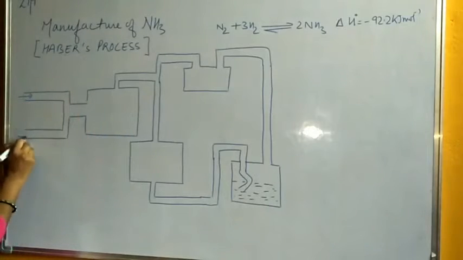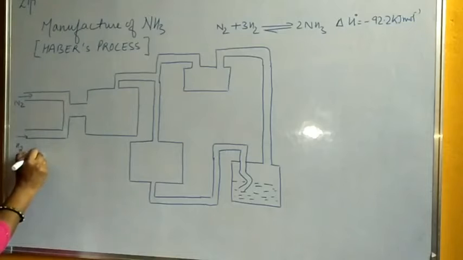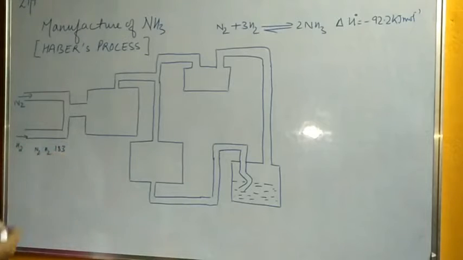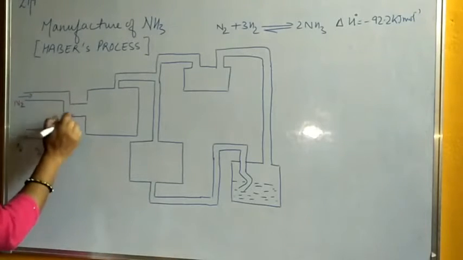First we will start from here, that is an inlet of the reactants, which are nitrogen and hydrogen in the ratio 1:3, right? So N2 to hydrogen gas is entered in 1:3 ratio, right?